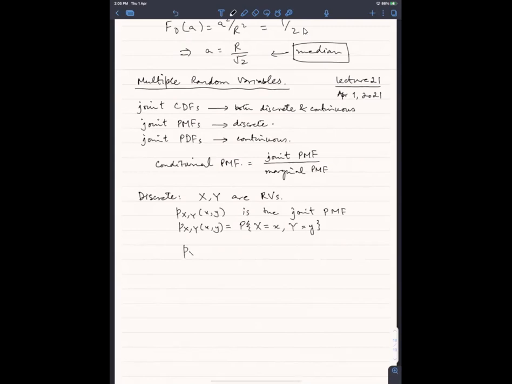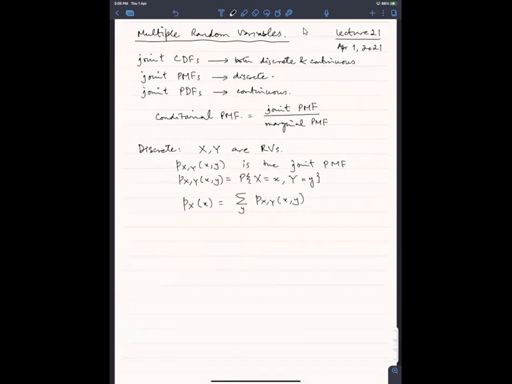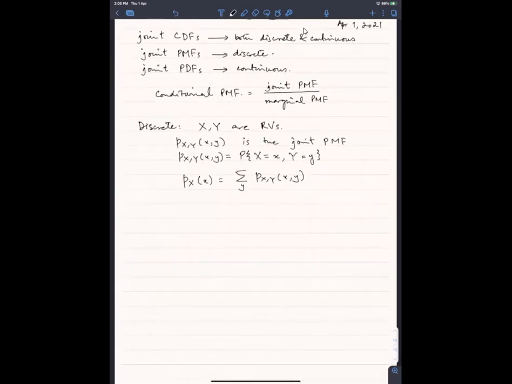So if I want the PMF of X, it can be obtained by summing out Y from the joint PMF. And then we have this conditional guy, which is P of X given Y, equal to P_XY divided by P_Y of y.